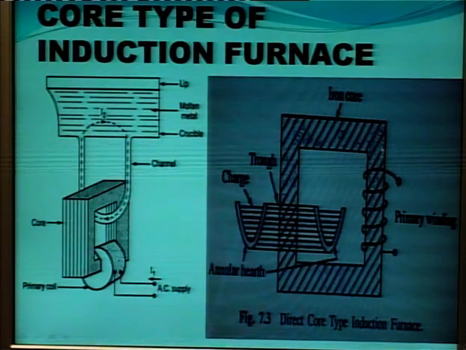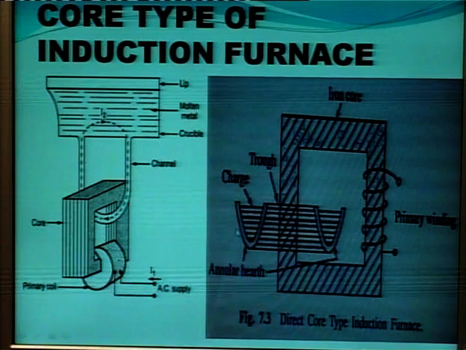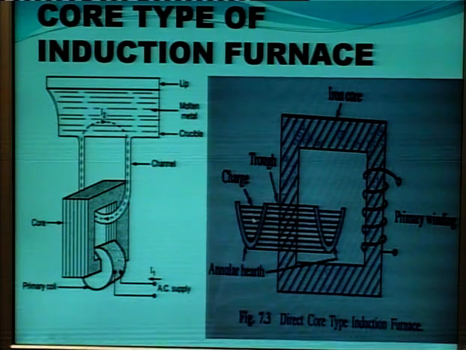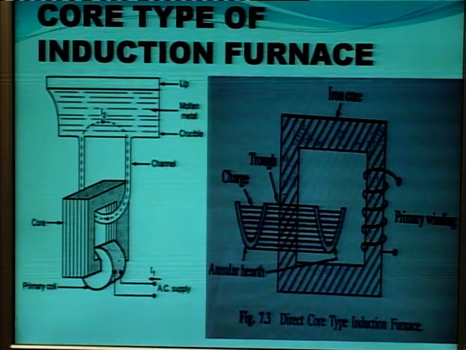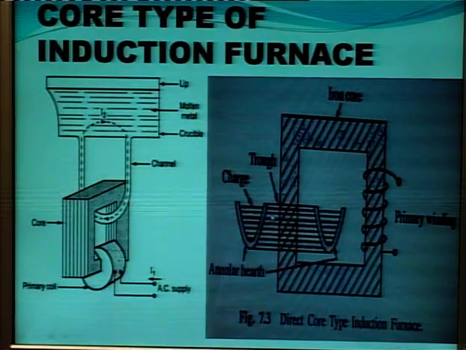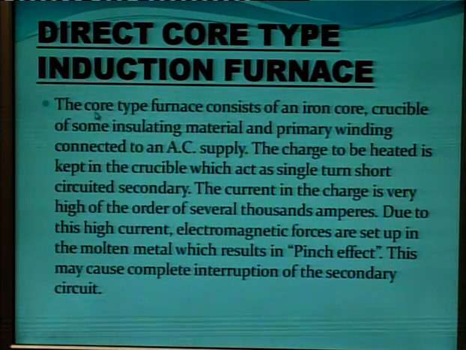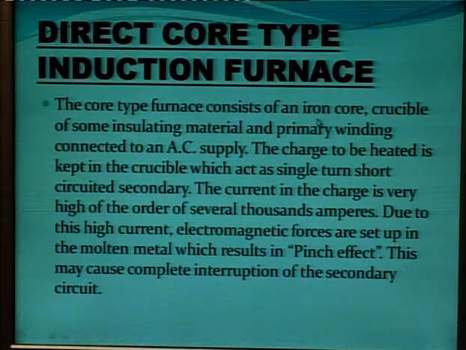Now see, this is an iron core, this is a primary winding. Now this is a crucible in which we have poured the charge. The charge is that material which we want to heat. Now this charge will give us single turn secondary winding. So the core type furnace consists of an iron core, crucible of some insulating material, and the primary winding connected to an AC supply.